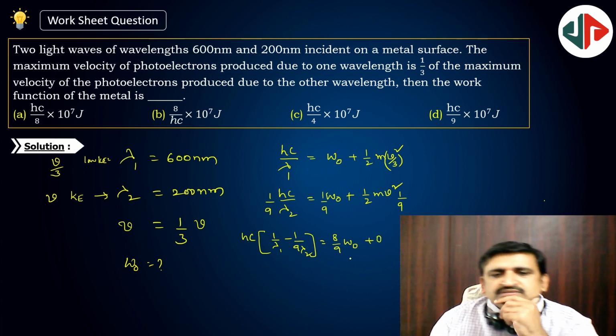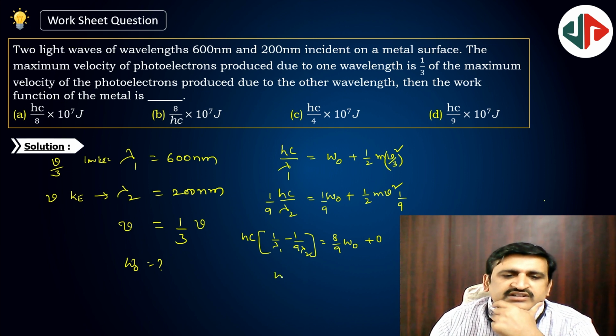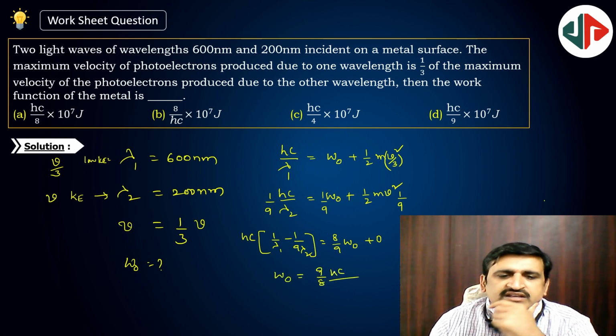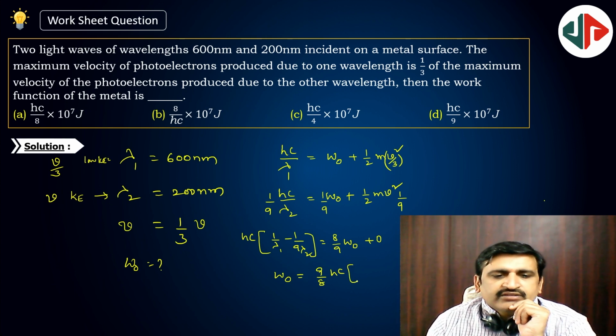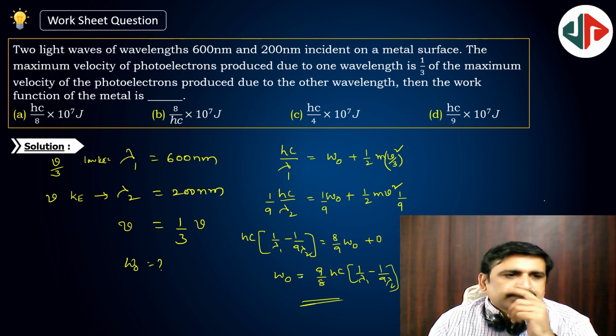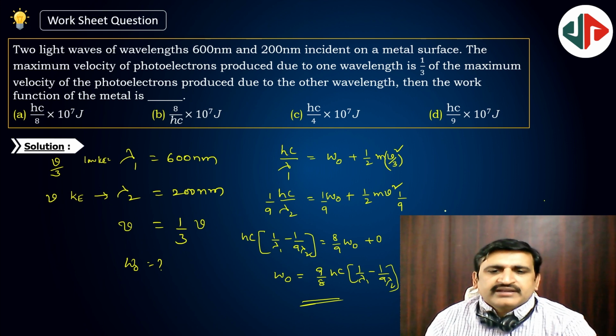So W naught is equal to 9 by 8 HC times 1 by lambda 1 minus 1 by 9 lambda 2. So the option will be A.